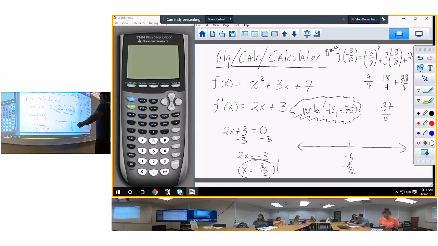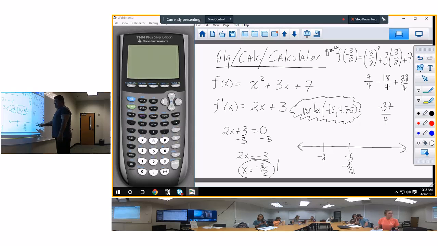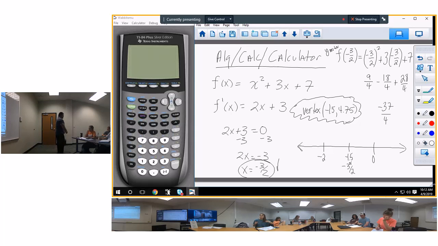So what's below negative 3 halves? Negative 2. And what's above? What am I going to use? I'm going to use 0, because if you can't multiply something by 0, you don't need to be in calculus.